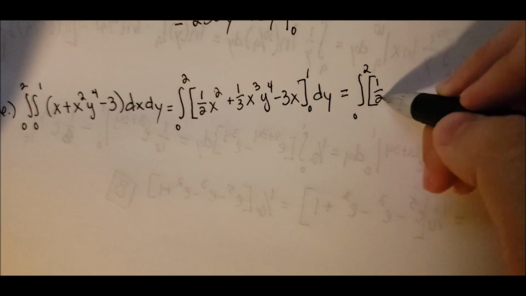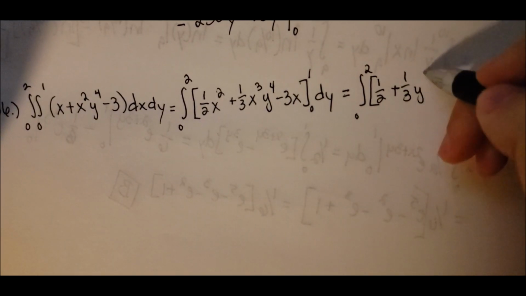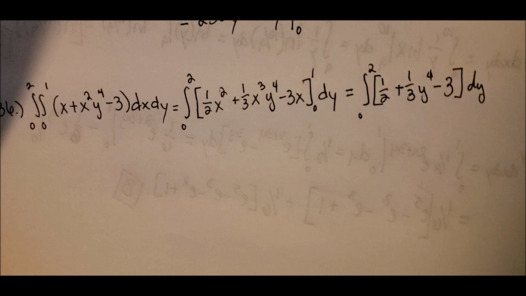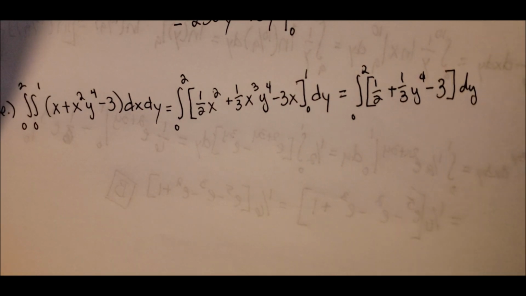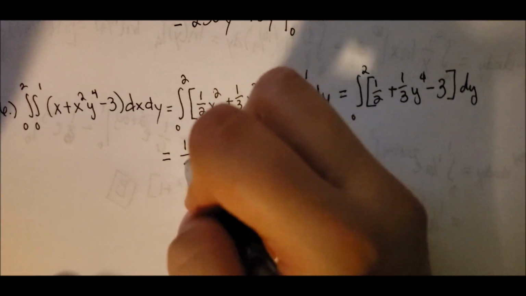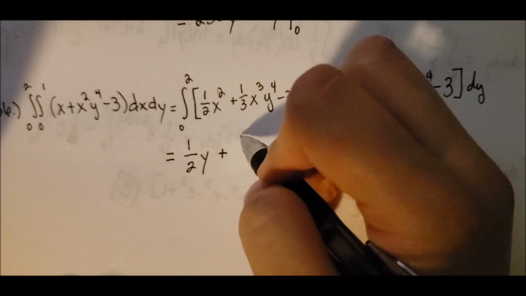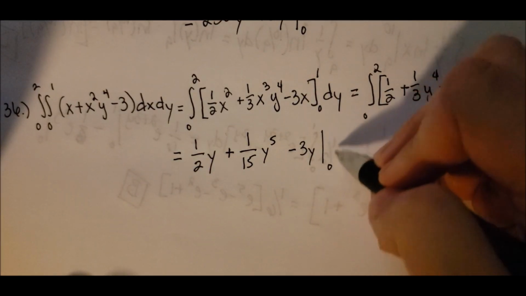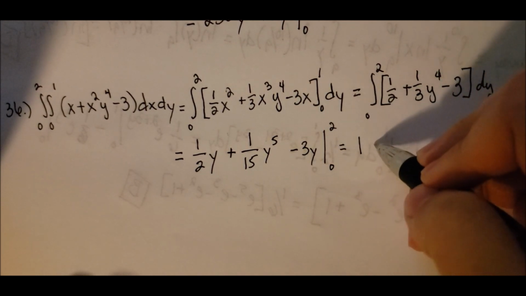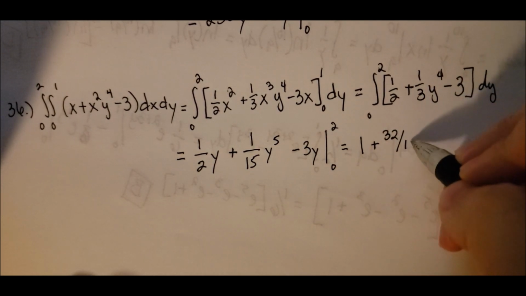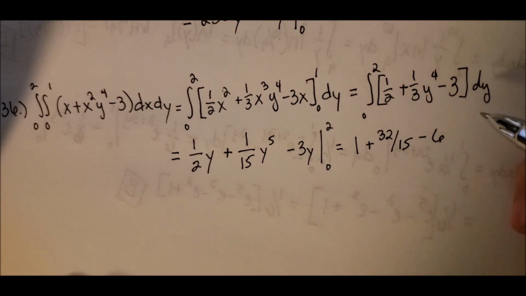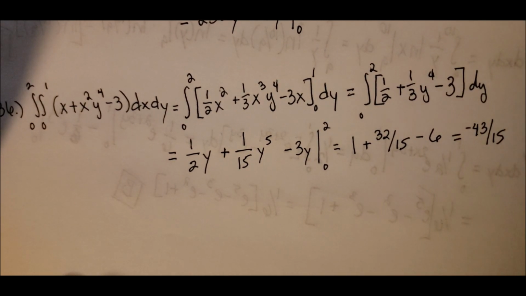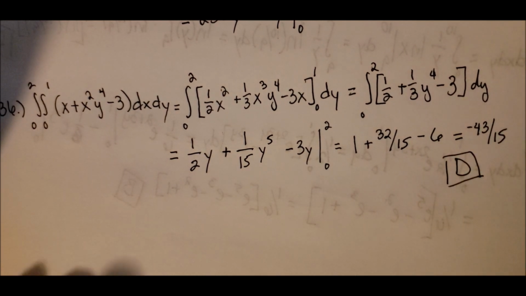So we need 1/2 plus 1/3 y to the 4th minus 3. So you get D. It's a lot of D's in a row.